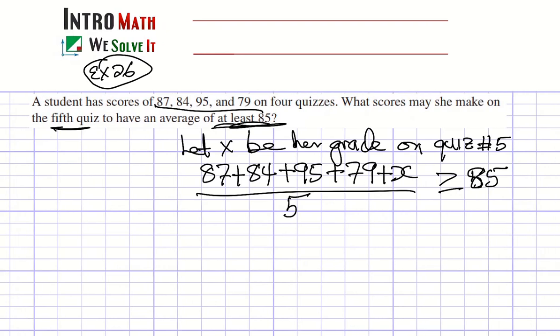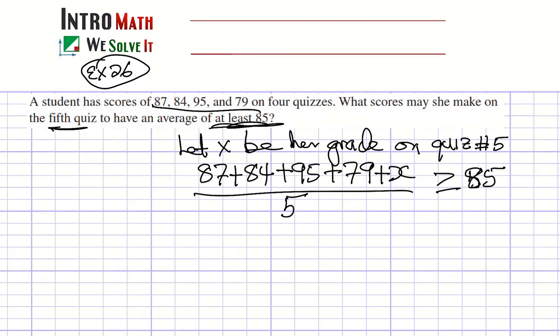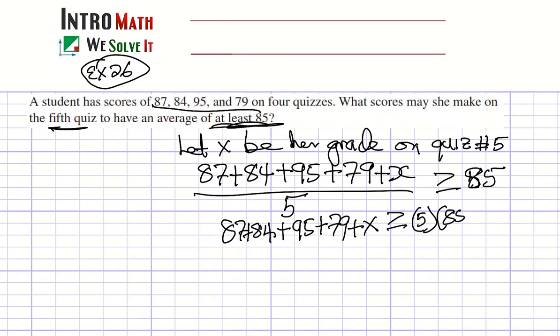Again, we'll multiply both sides by 5. We get 87 plus 84 plus 95 plus 79 plus x greater than or equal to 5 times 85. If you multiply that out, you get 425.